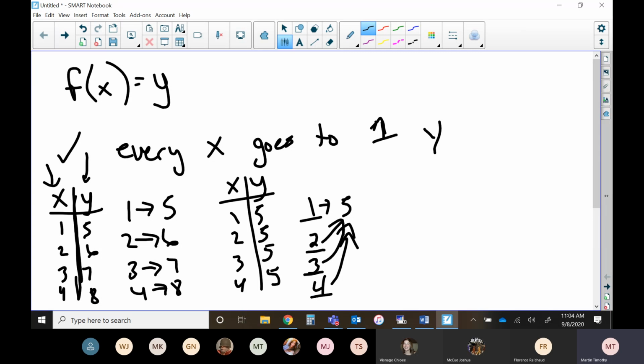Does each one of those inputs only have 1 arrow coming off of the input? Yes, it does. This is a function. Does every x only go to 1 y? Yes. Now, do they all go to the same y? Yeah, is this y cheating on a lot of the different x's?